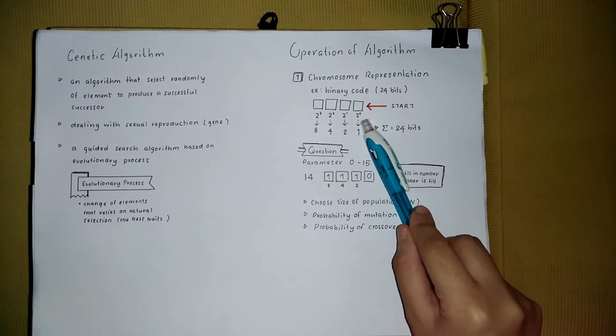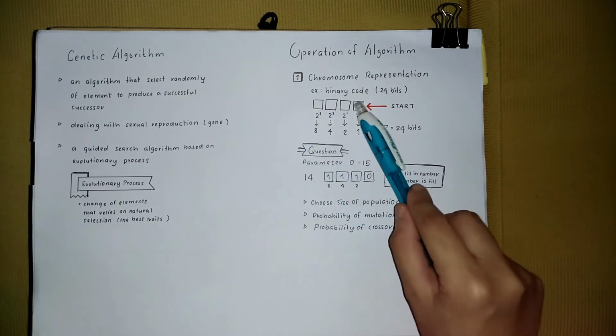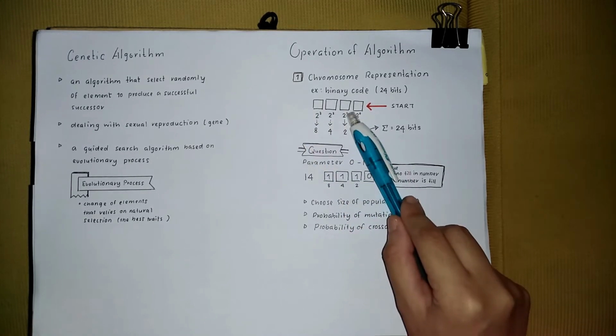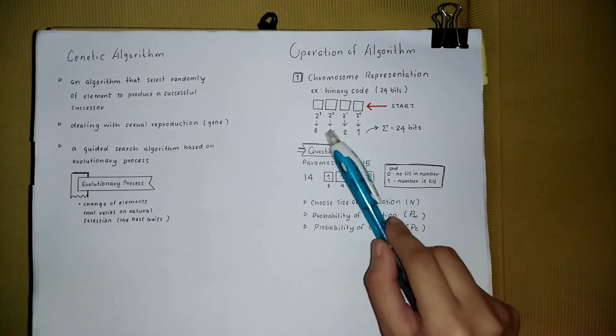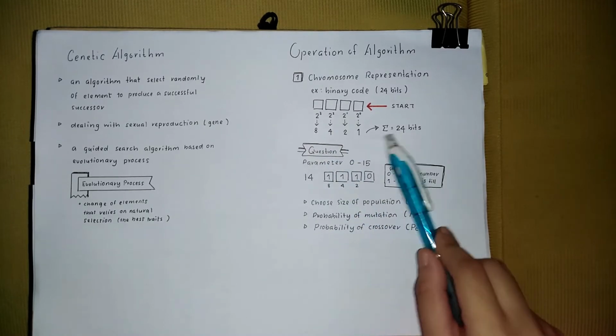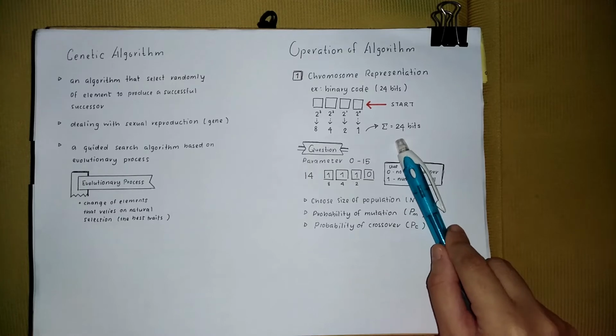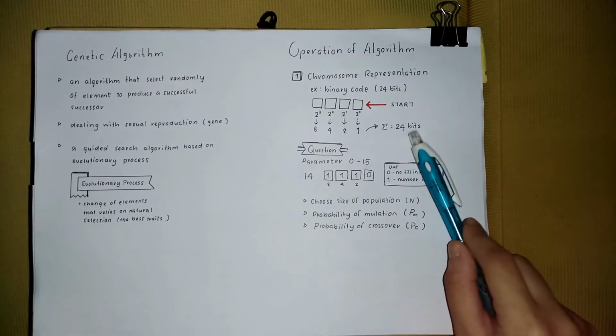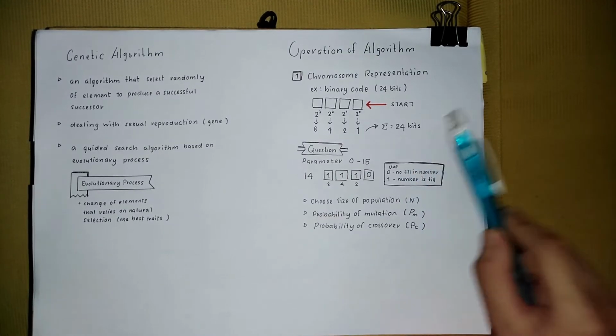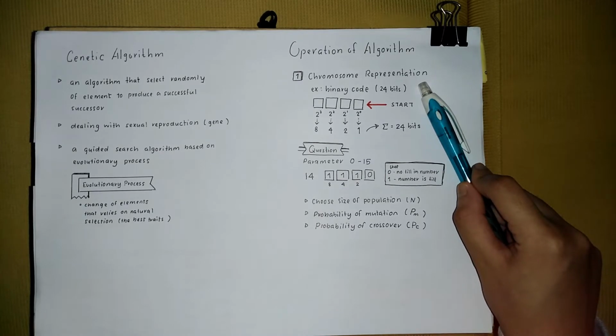When you power it up, 2 to the power 0 is 1, 2 to the power 1 is 2, 2 to the power 2 is 4, 2 to the power 3 is 8. And surprisingly, after you sum it up, it will generate a sum of 24. So here we're getting a 24 bit.